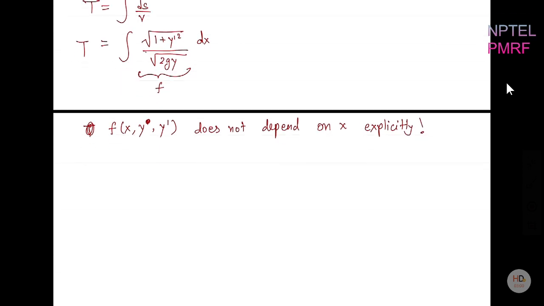Whenever this integrand does not depend on x explicitly, which means del f by del x is 0, then we can use one identity for our Euler-Lagrange equation, and that is that f minus y prime times del f by del y prime is equal to c. So you get this relation where c is some constant, derived from the Euler-Lagrange equation.